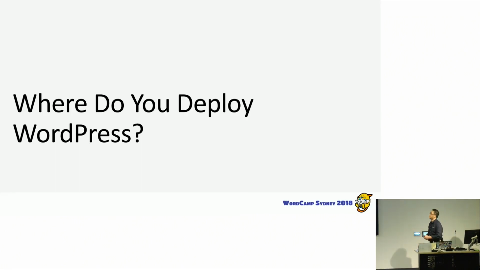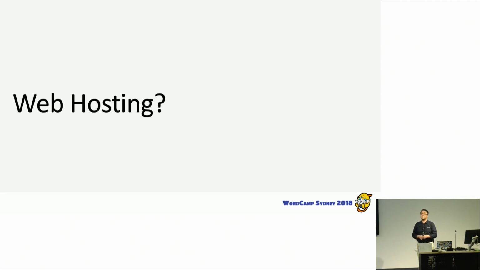Before starting, I'd like to ask a few questions. Where do you deploy your WordPress website for your personal or work purposes? Anyone using a web hosting company like GoDaddy, HostGator or Bluehost?